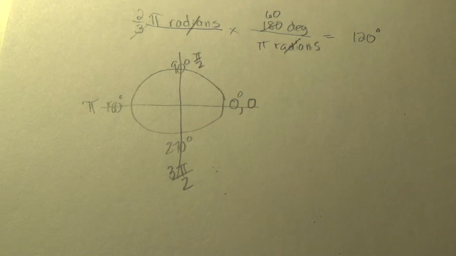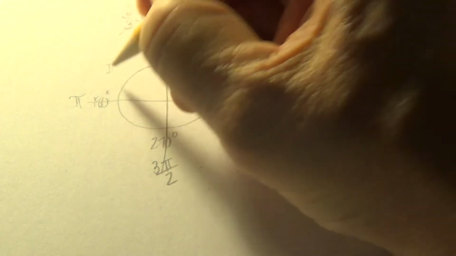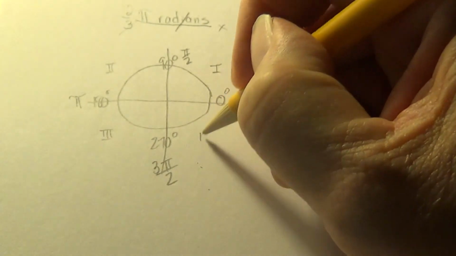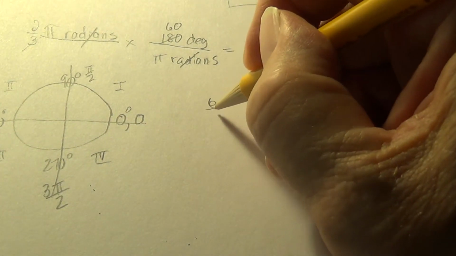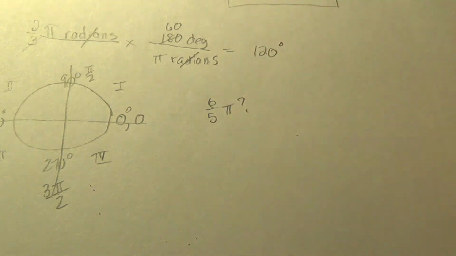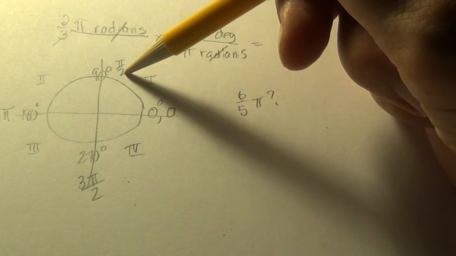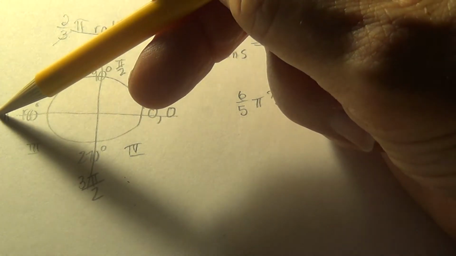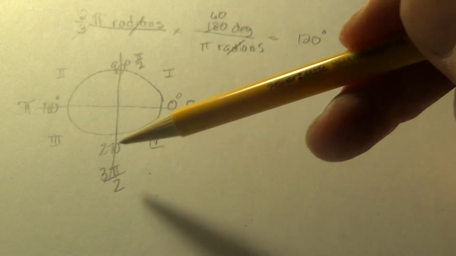So I might ask you, remembering this is quadrant 1, 2, 3, and 4, a question like, what quadrant is 6/5 pi? So if this is pi over 2, that means 1/2 pi. This is 1 pi here, and this is 3/2 pi.